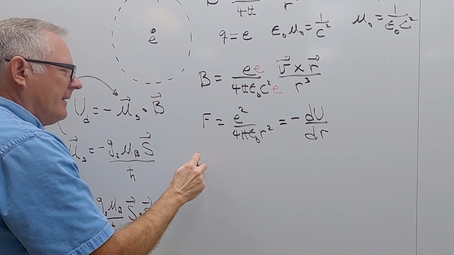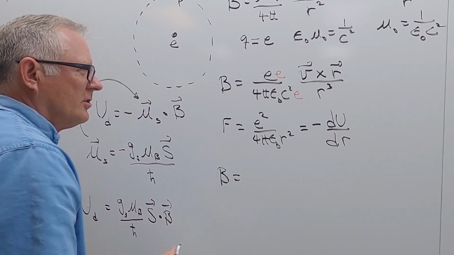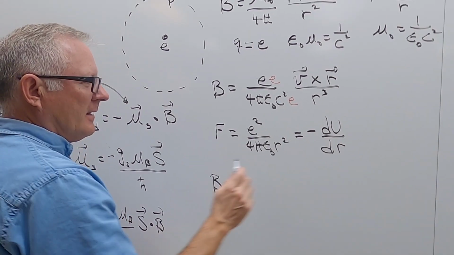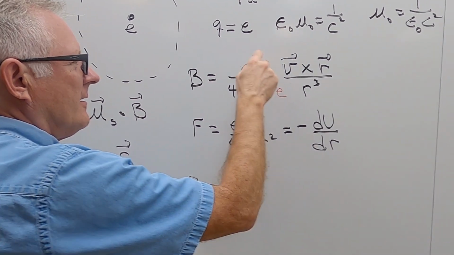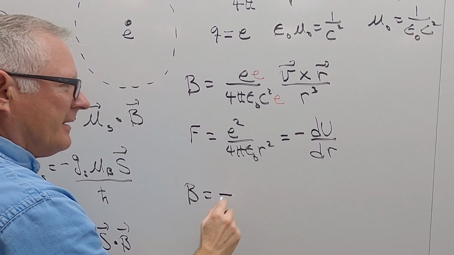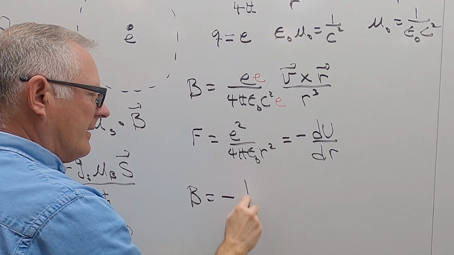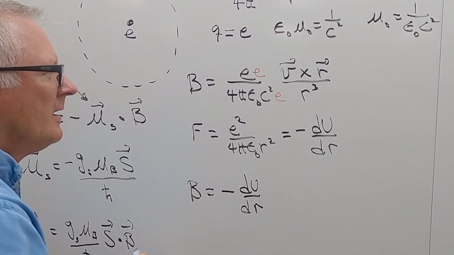So B is equal to, it's going to be a minus. We've got all this part right here. We got minus dU dR. What's left?